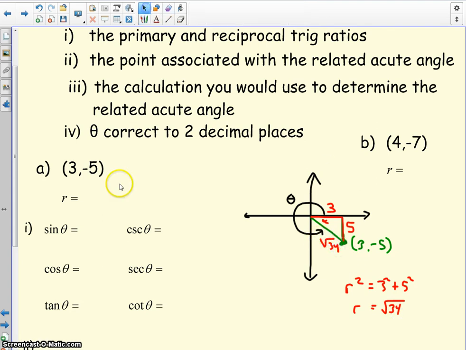That's my r. With that in mind, I'm going to try and find all my trig ratios. Notice in this triangle, this is my alpha, but I might want to find the ratios for theta. For sine of theta, I can use the related acute angle here, because it is going to have the same ratios as the ones from theta.